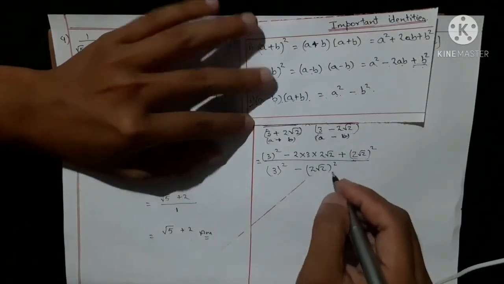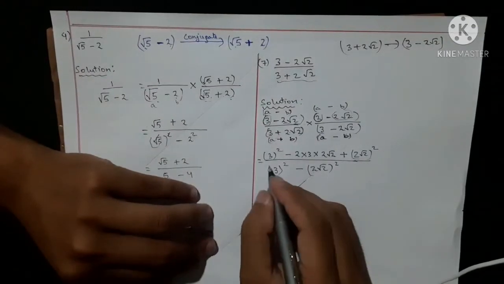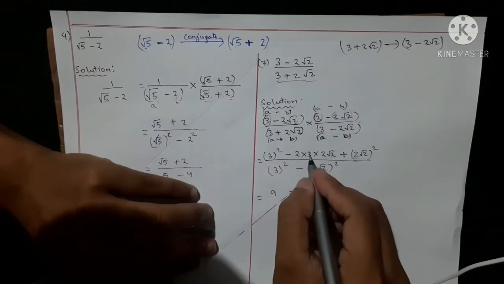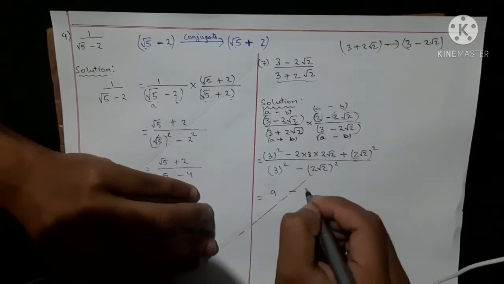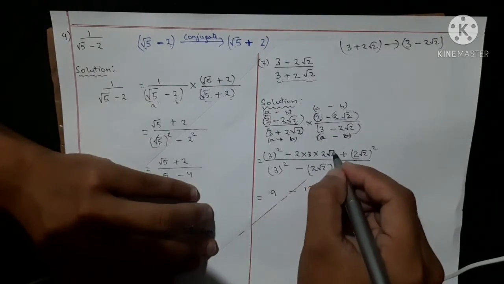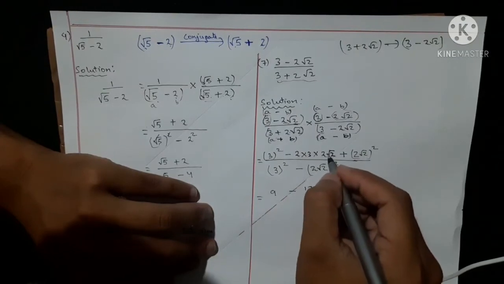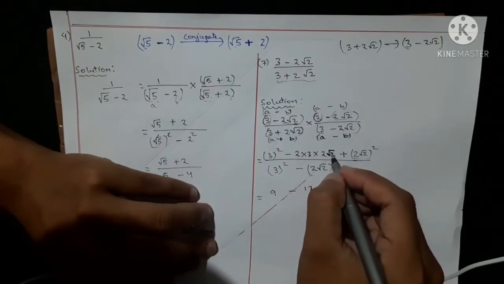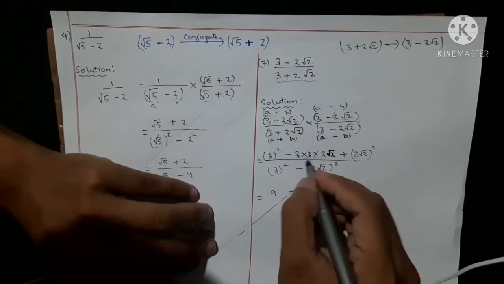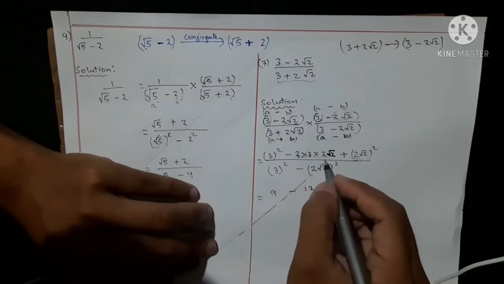Simplifying, we have 3 square equals 9, minus 2 into 3 equals 6, 6 into 2 equals 12. Now remember, we cannot multiply this square root 2 with these whole numbers because it is in a square root. We multiply only the whole numbers, which is 2 multiply 3 multiply 2, and we get 12.